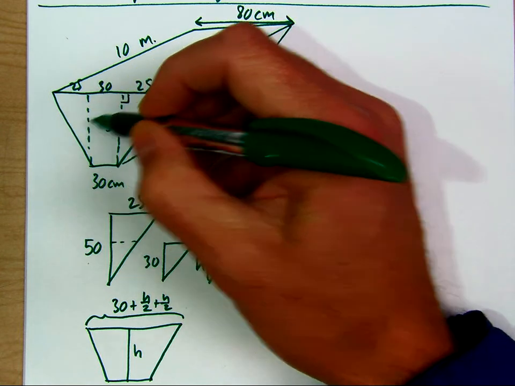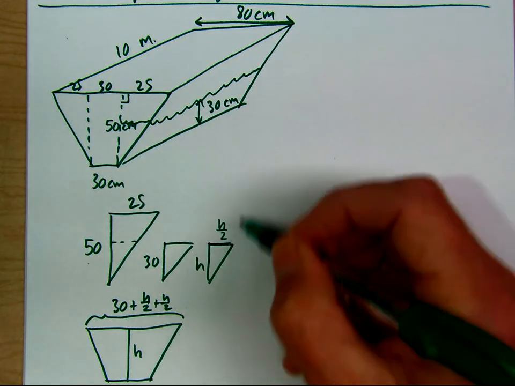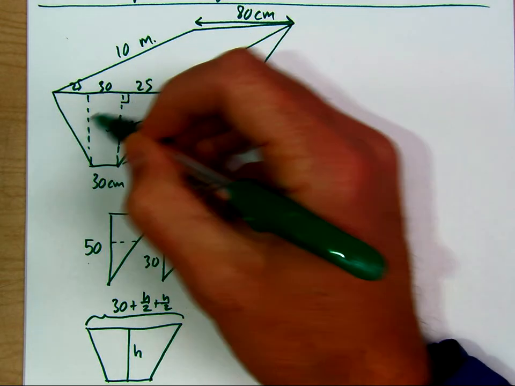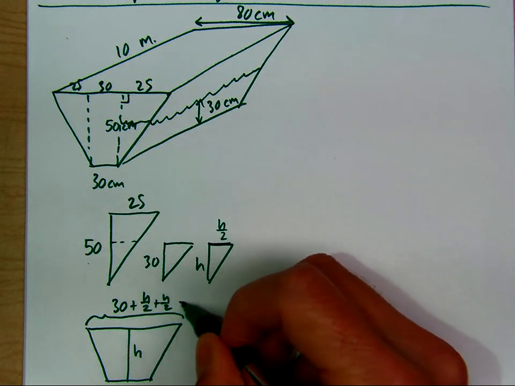This h over 2 is going to be on the right and on the left. We have two of them, so that's going to be 30 plus h.